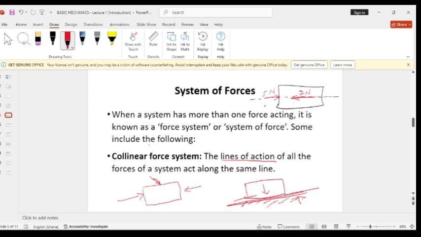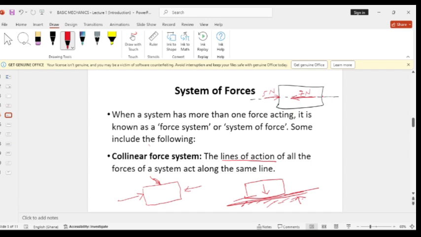So if I draw an imaginary line of action through the 5 Newton force, and the same for the 7 Newton force, they are going to meet. So we can say that they have the same line of action, or they act along the same line. This force is acting along this imaginary line, and this force is also acting along the same imaginary line.